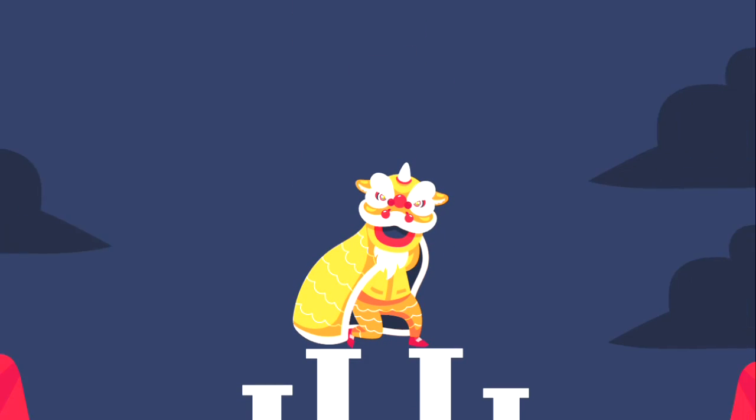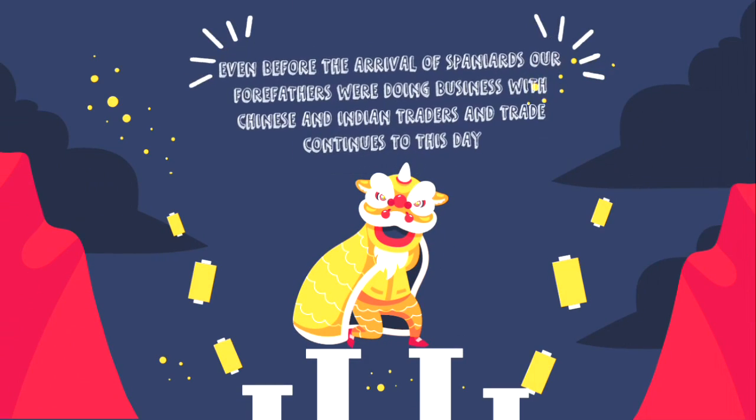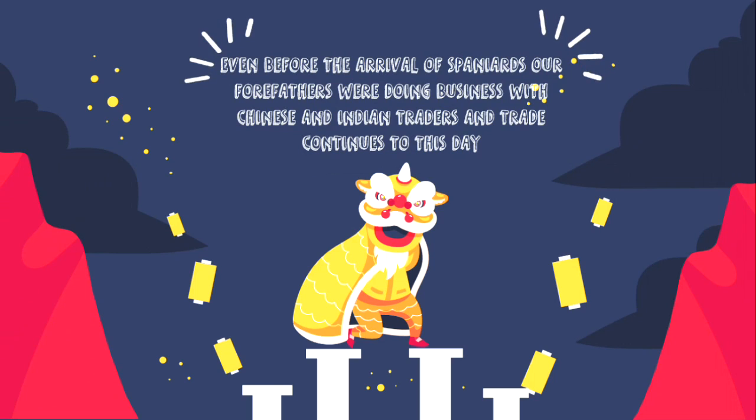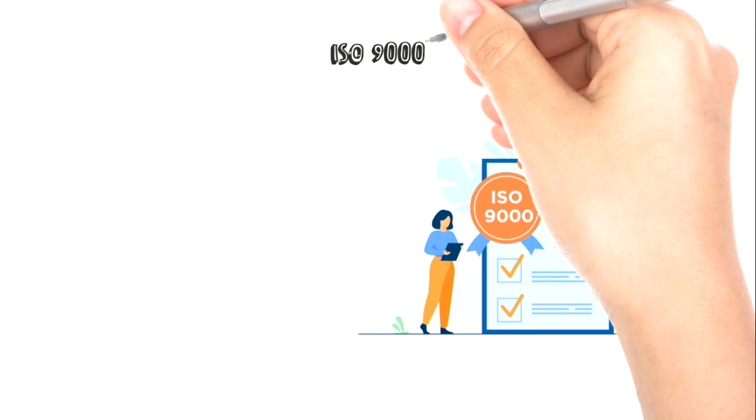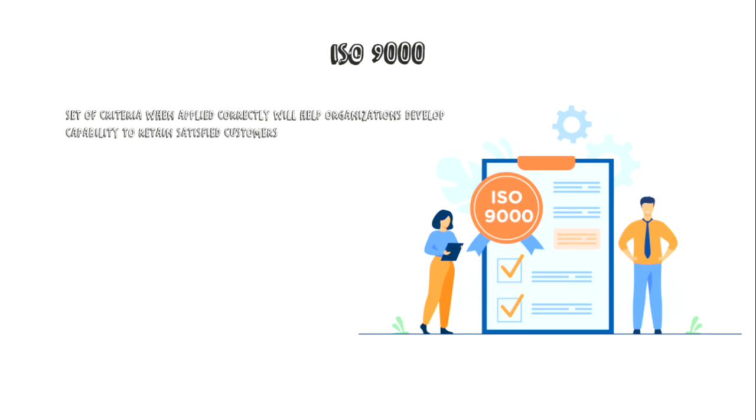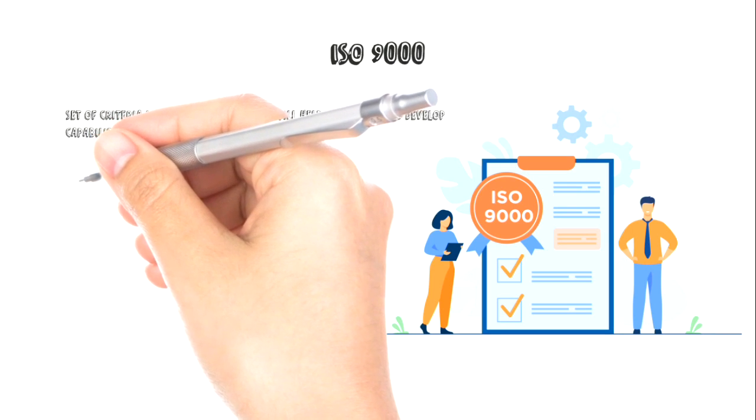Chapter 5, ISO Certification. Even before the arrival of Spaniards, our forefathers were doing business with Chinese and Indian traders, and trade continues to this day. ISO 9000, a set of criteria which, when applied correctly, will help organizations develop the capability to retain satisfied customers.